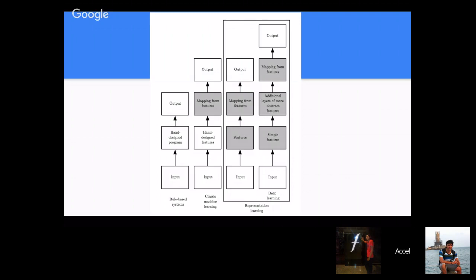There was this case where Target found out that a lady was pregnant based on the products she was buying, and they used this information to give her ads related to all the items used during pregnancy, and they were giving her deals and everything. This is called targeted marketing. Because of the data, they were able to find that out, and that is why, because we have so much data, it's easier to use ML algorithms or ML techniques.